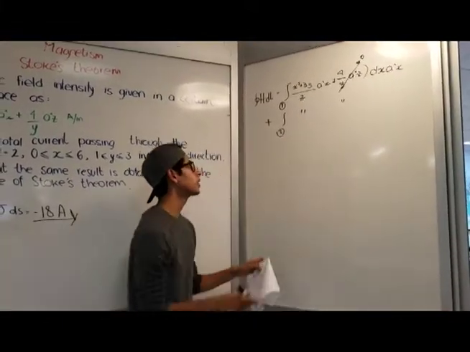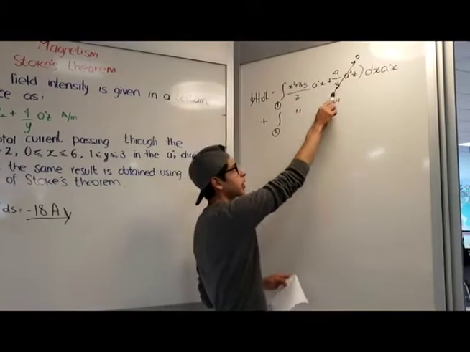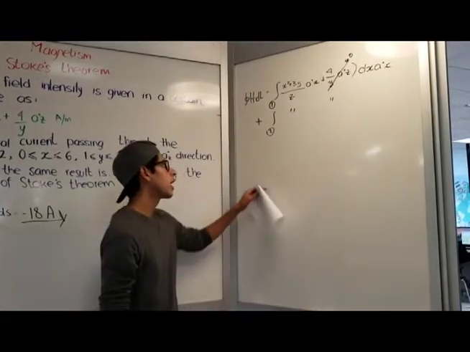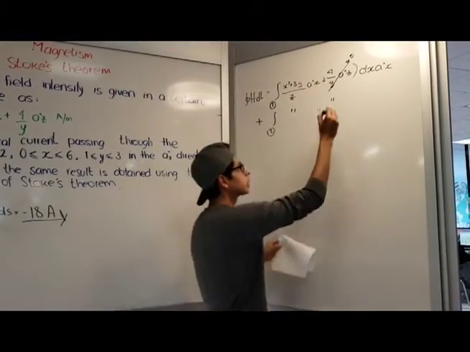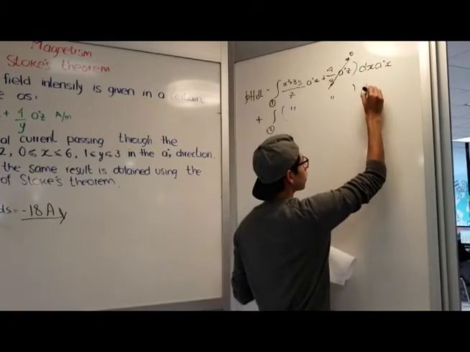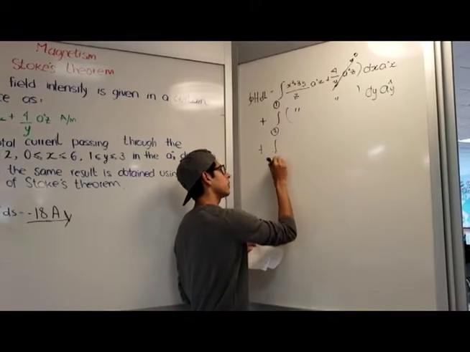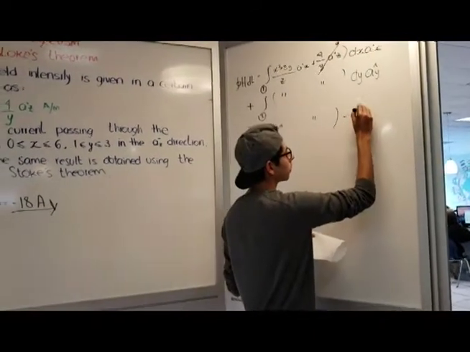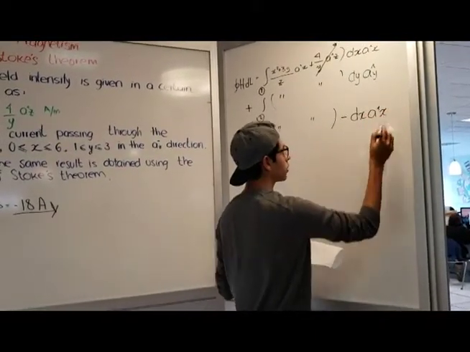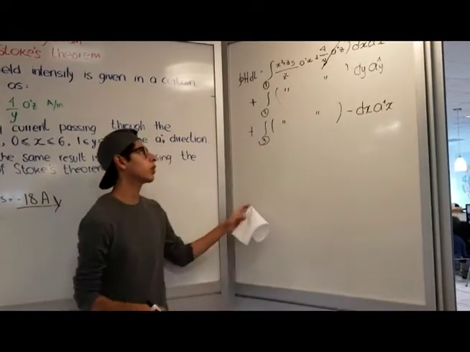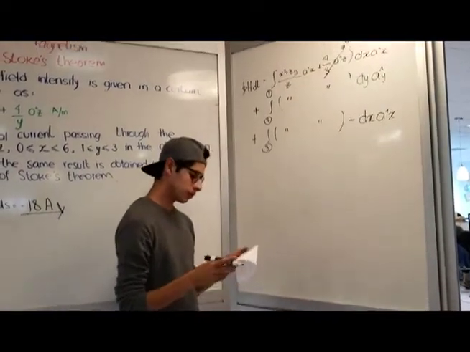In the second integral, it's going to be the same J that we had already, but this is going to be dy in the ay direction, plus our third integral, and this is going to be minus dx in the ax direction because it's the one that goes opposite to the first one.